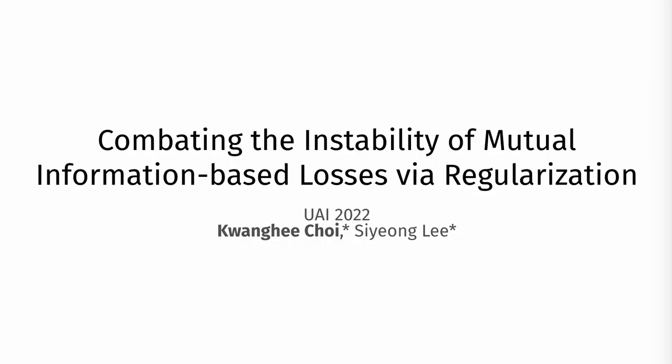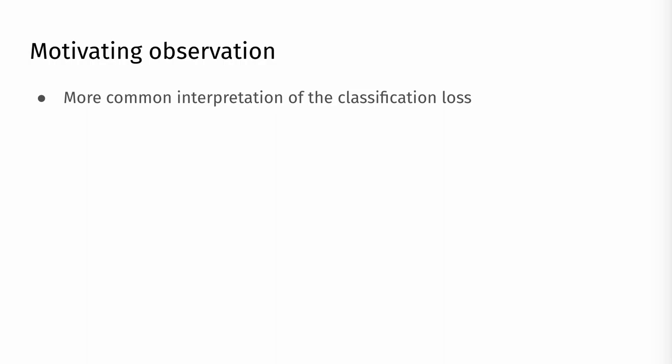So let's start with my UAI paper, and it's a bit mathematically dense, so I'll try to make it as minimal as possible. So the motivating mathematical observation is this. Let's start with the more common interpretation of the classification loss.